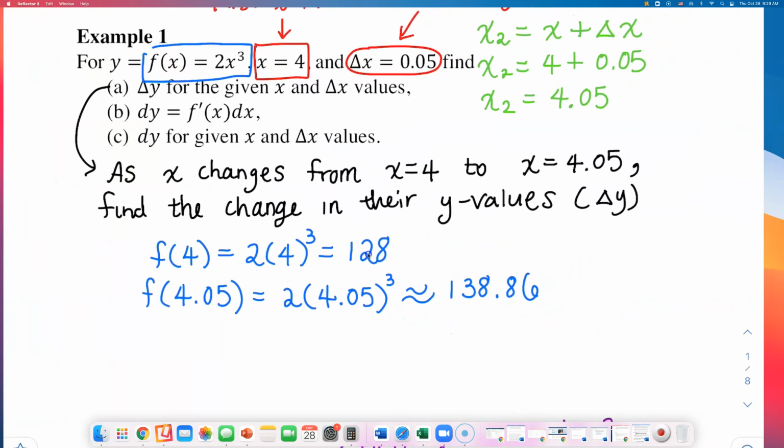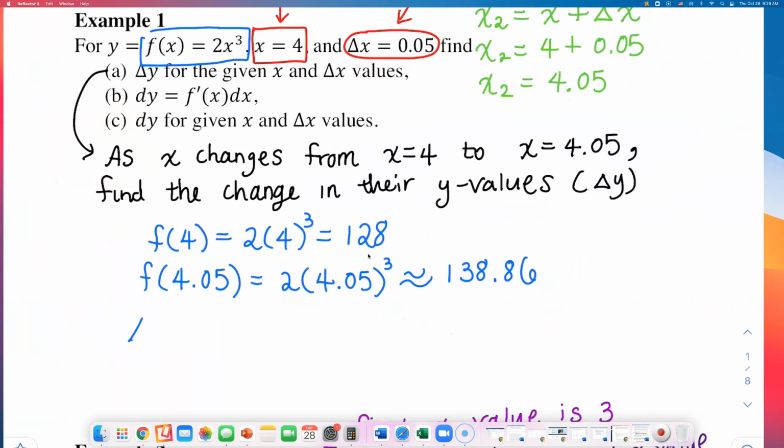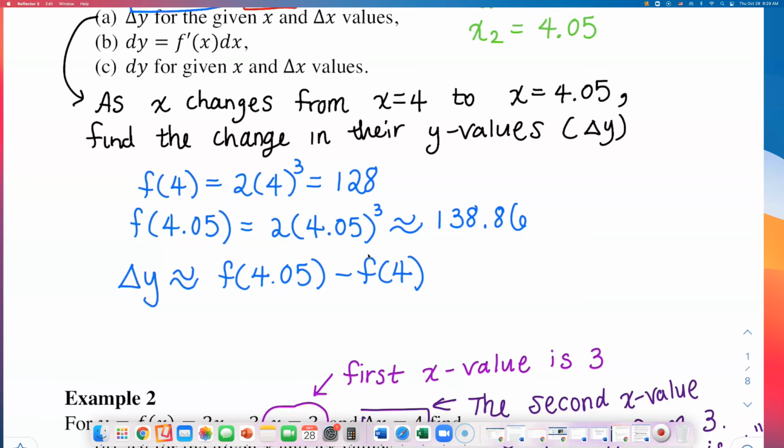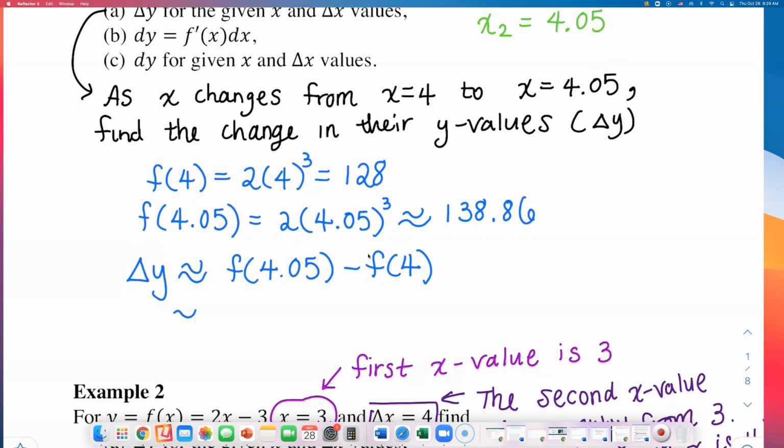So take a look. We are ready to find the change in y. Delta y is approximately f of 4.05 minus f of 4, which we found above, right? So that's going to be approximately 138.86 minus 128.